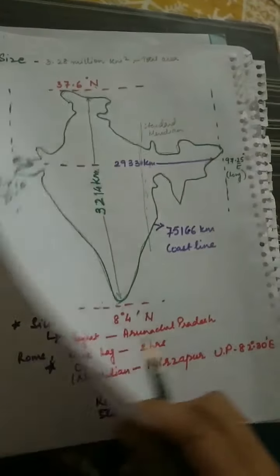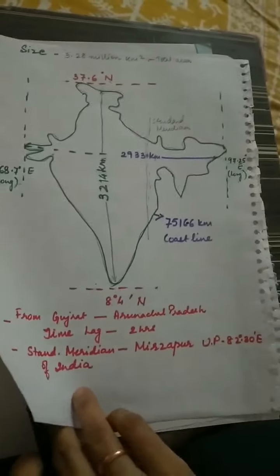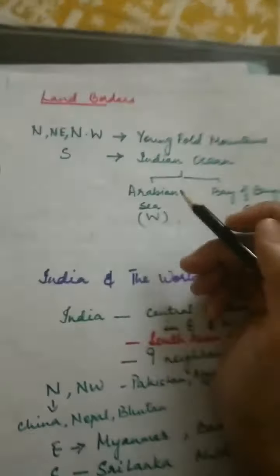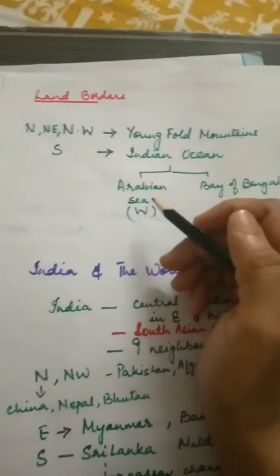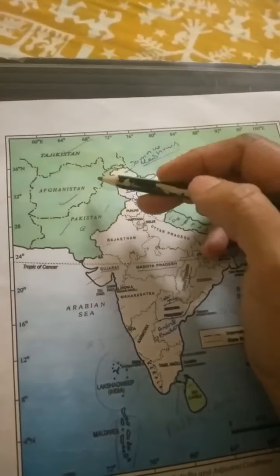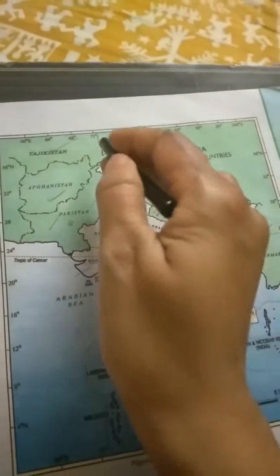Now we will see the land borders of India. Here you can have a look at this map. In the north, northeast and northwest, let's take the northwest first.